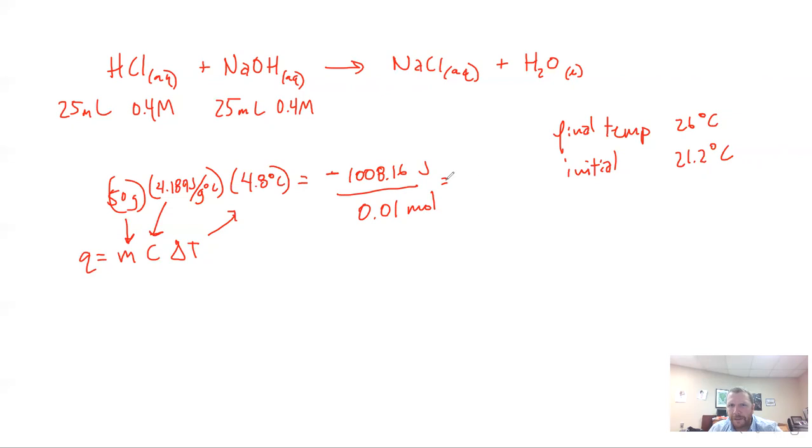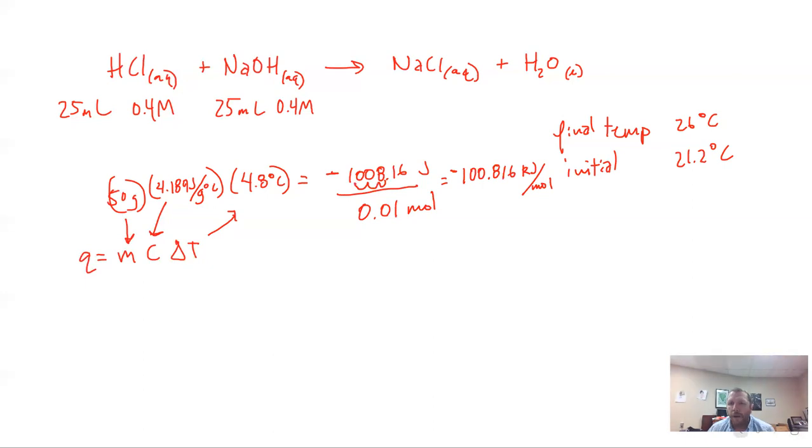So I'm going to plug this in. I'm also going to convert this to 1.008 kilojoules. So, divided by 0.01, and I get 100.816. This is still a negative value, kilojoules per mole.